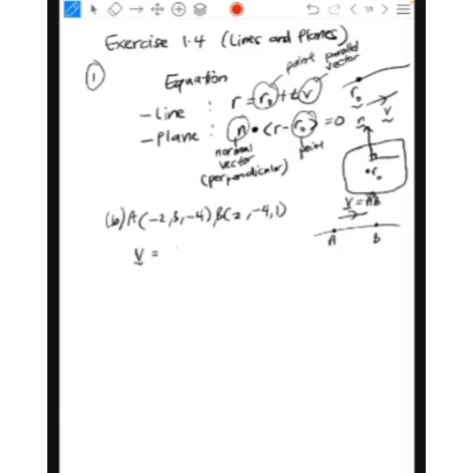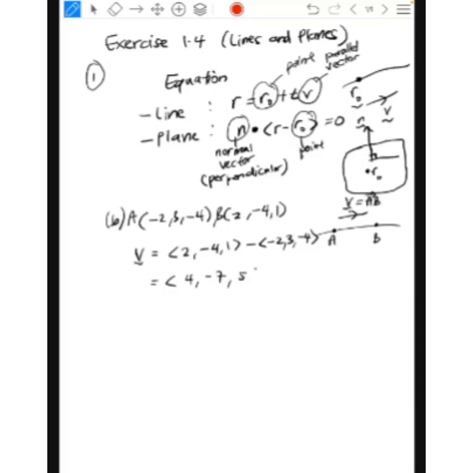So 2, -4, 1 minus -2, 3, -4. Kalau saya ada tersalah kira, bagi tahu sebab pagi-pagi ni kan. So this is your vector.